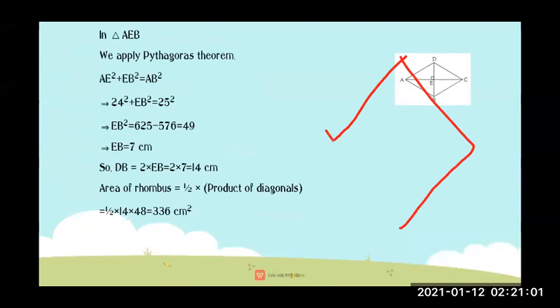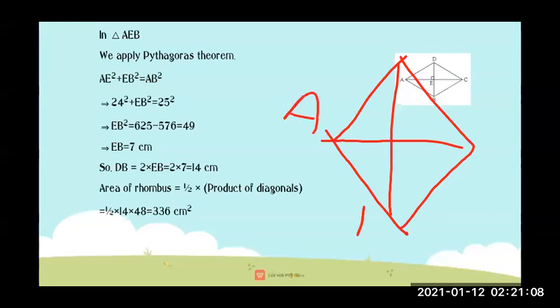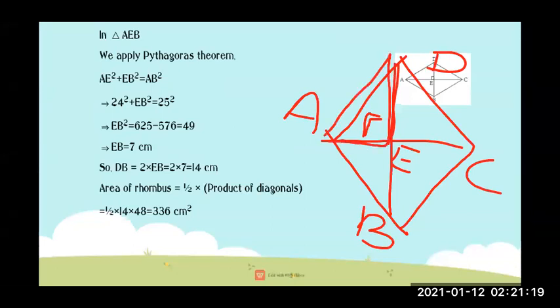This is our figure: A, B, C, D, and this is a right angle. Now if I take this triangle AEB, you can take any triangle. It is which type of triangle? It is a right-angled triangle with a hypotenuse, because there is a right angle symbol. So we have to use the formula of Pythagoras theorem.